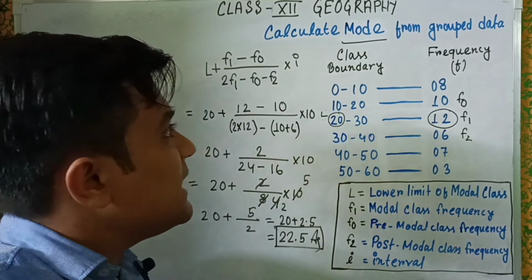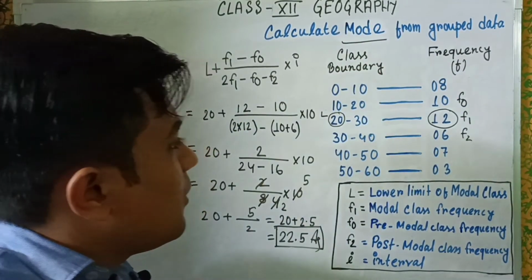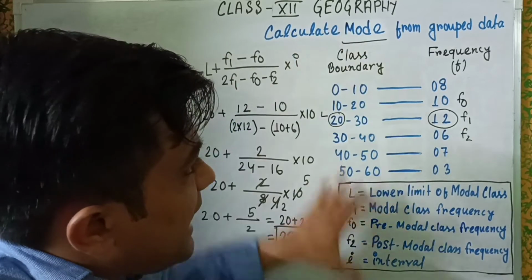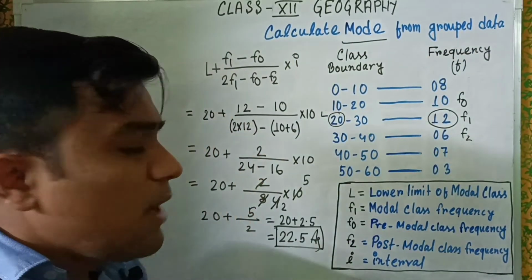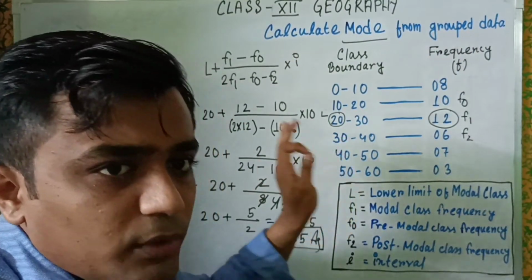I repeat once again: in the question you can see only the class boundary and the frequency. You have to do nothing in this table to calculate mode.